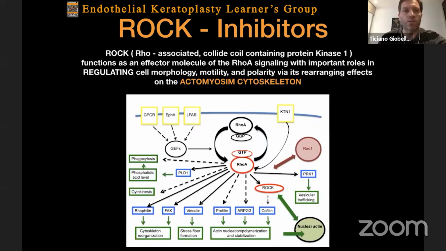As you know, ROCK functions as an effector molecule of the Rho signaling pathway, with important roles in regulating cell morphology, motility, and polarity via its rearranging effects on the actomyosin cytoskeleton.